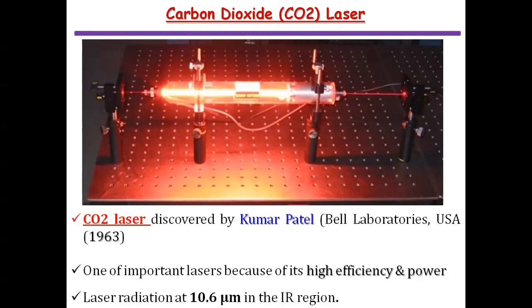IR cameras were built into the helmets of the soldiers, and wildlife photography can also be done using IR cameras, where we use these kinds of lasers to identify objects at night. Just remember, carbon dioxide is not a visible laser. Carbon dioxide actually gives IR radiation. Let us move forward.